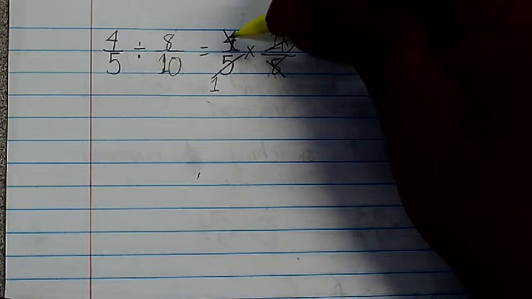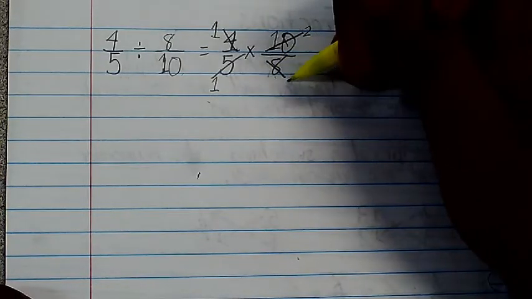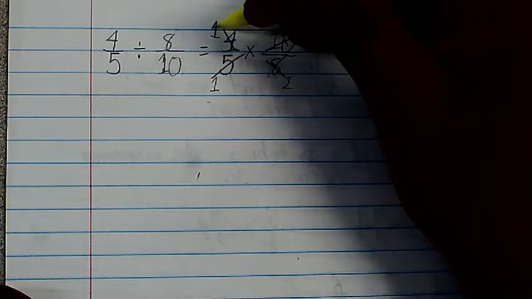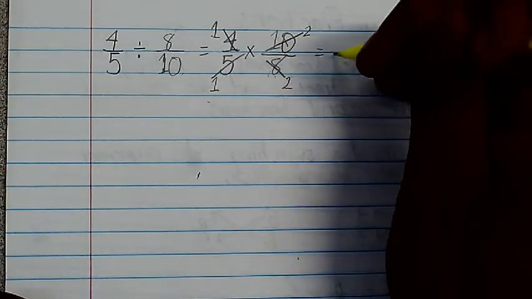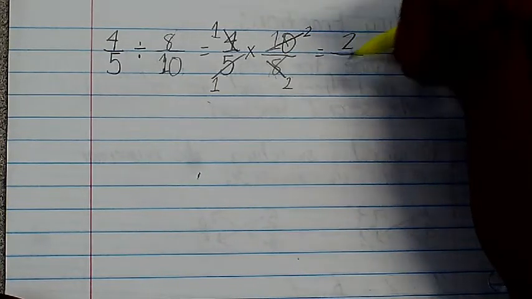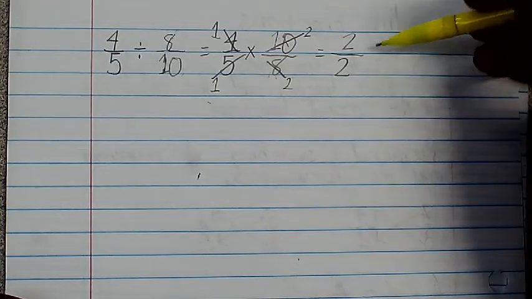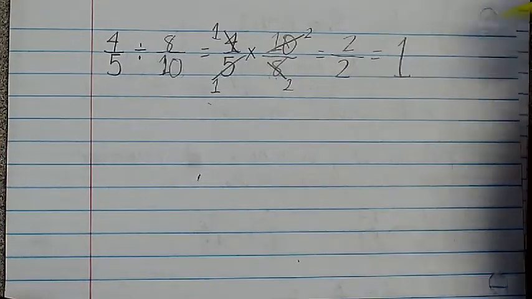So we can divide 4 by 4, that gives us 1. 8 divided by 4 gives us 2. Now we're just multiplying the simplified parts of this fraction. So when we multiply, that's going to be 2 over 2. And of course, 2 over 2 equals 1 whole.